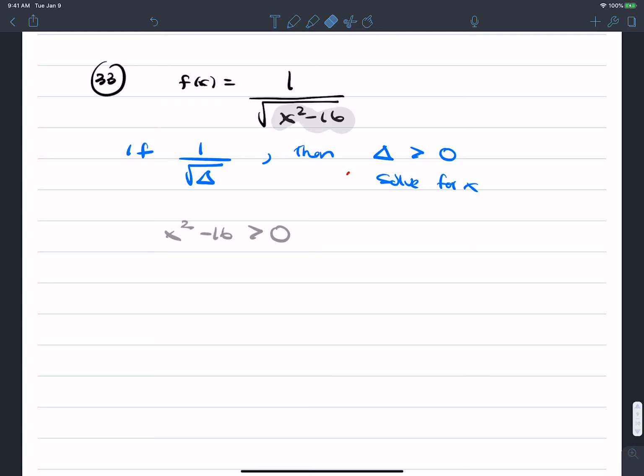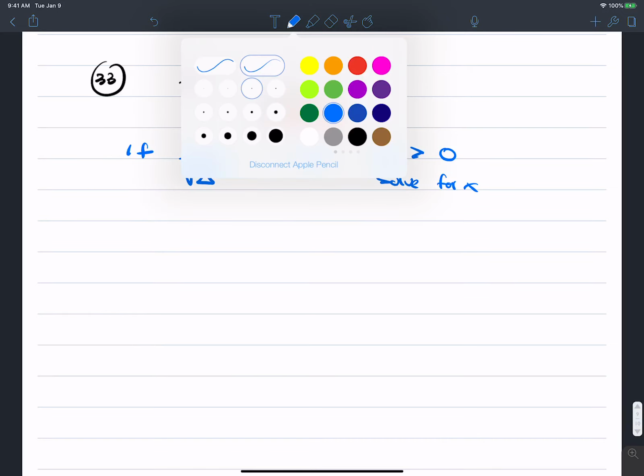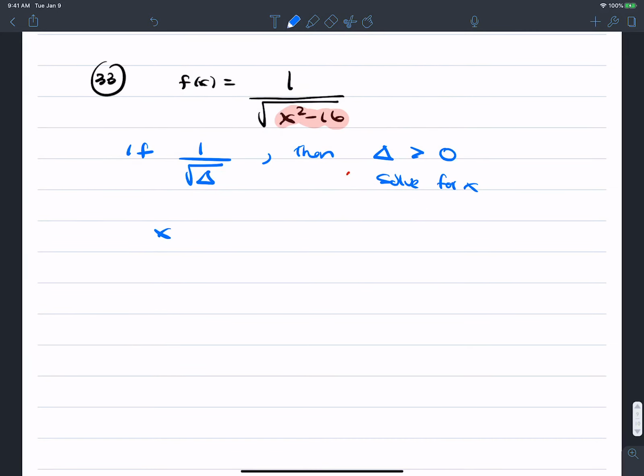Let's focus on this: we have x squared minus 16. It's under a radical, and it's in a denominator. It's in both positions. We automatically say x squared minus 16 must be strictly positive, and it can't be allowed to be 0.